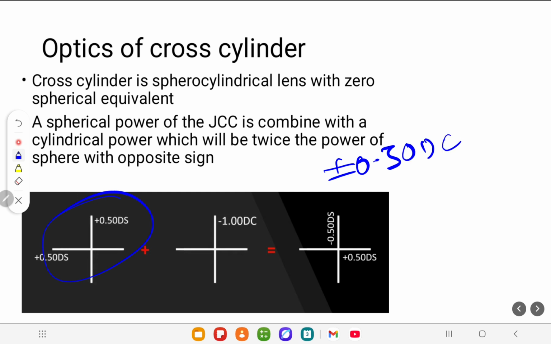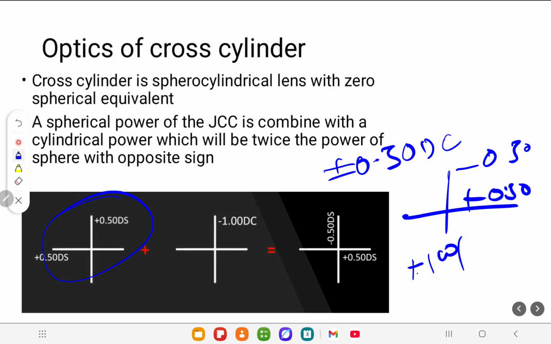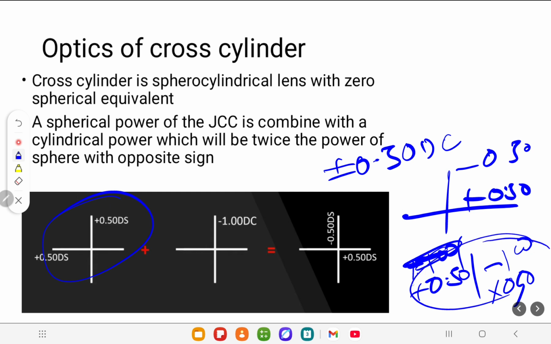You don't have to worry about it, it's a simple thing. Here is plus 0.50 and here is another plus 0.50. So whatever you want: minus 0.50 and minus 1 at 90 degrees. Then this is the answer.